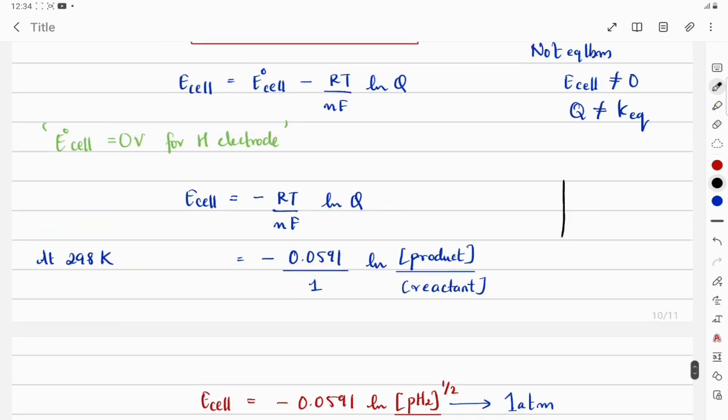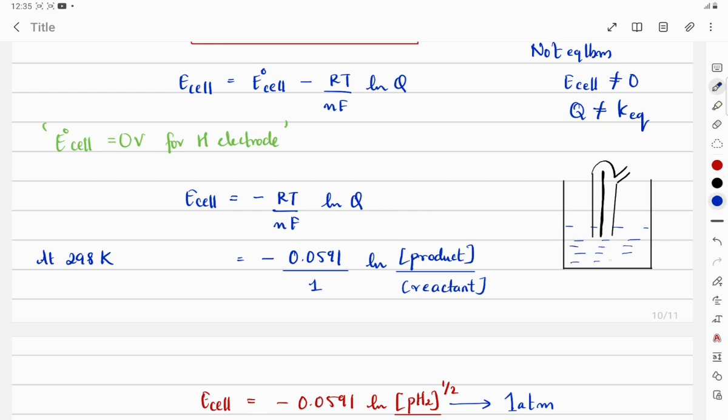It would look something like this. You have a vessel, you have some electrolyte which would obviously contain H plus ions, and the hydrogen electrode. Hydrogen is being bubbled through this, and you will have a platinum wire in here. This was the hydrogen electrode.